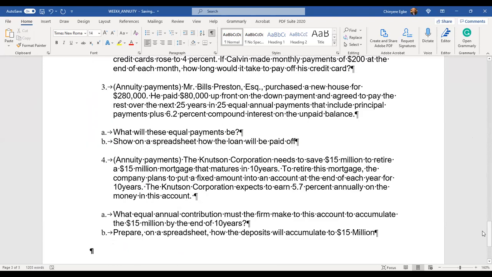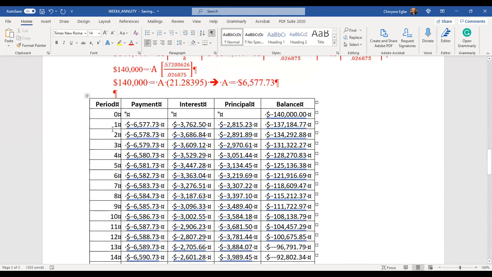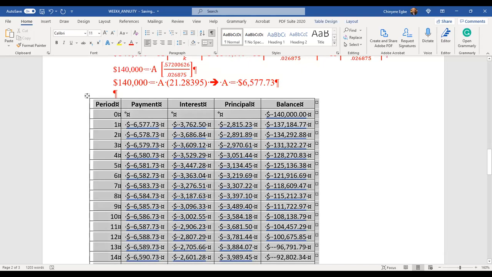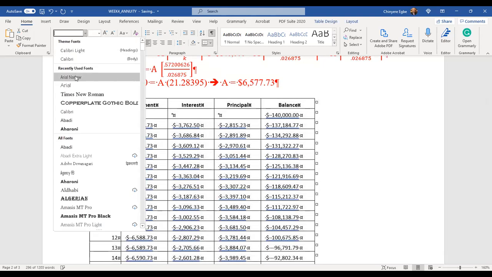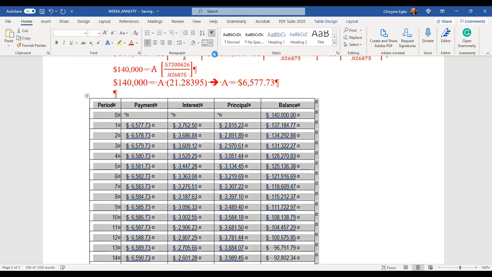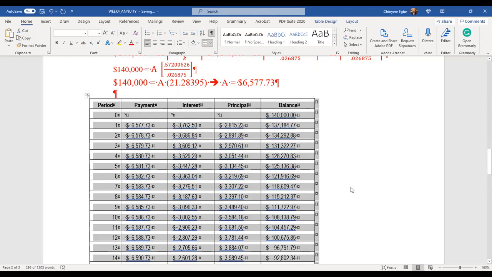So you can see that. See if I can reduce it a little bit. Right.